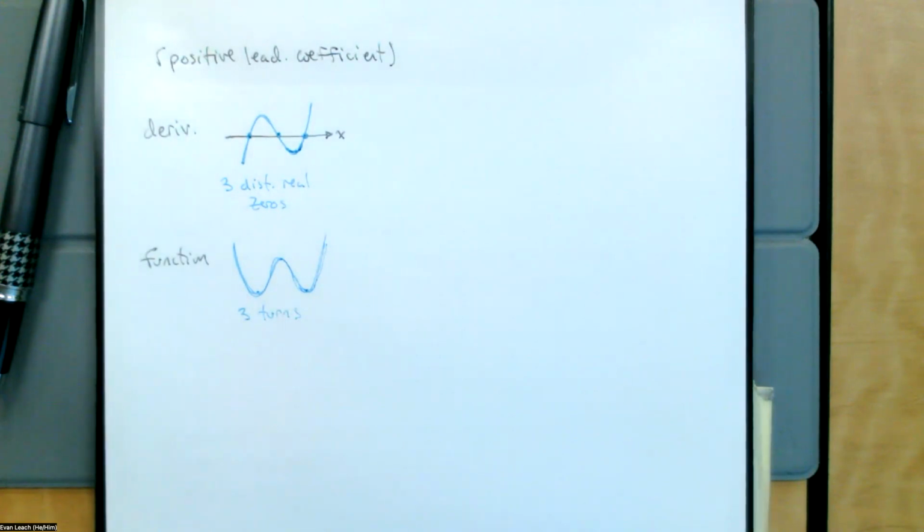There are 3 terms, each corresponding to the zeros of the derivative. Notice on this one, I did not write an x-axis because we don't know that constant. We don't know where the constant is going to put this function.